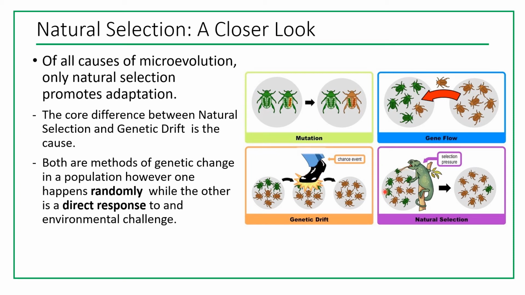So green beetles are not well suited to this environment. It's better to be brown because this lizard cannot see brown beetles. So the lizard is gonna eat green beetles and the population is changing, right? The brown allele increases in numbers. So here the population is changing as the response to this selective pressure.